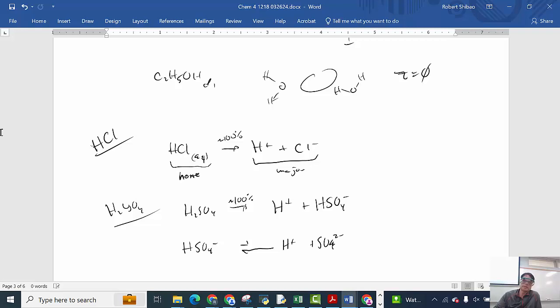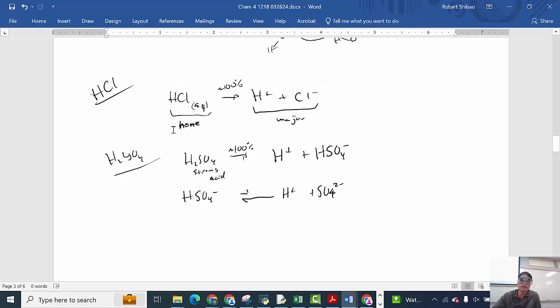And the reason is this: H2SO4 is a strong acid, but HSO4 minus, is that a strong acid? No, it's a weak acid. And do weak acids completely ionize? No, they partially ionize. And so the downhill direction is this way. Only about 10% of the HSO4 minuses break off. And so what that means is that this is the major species here.